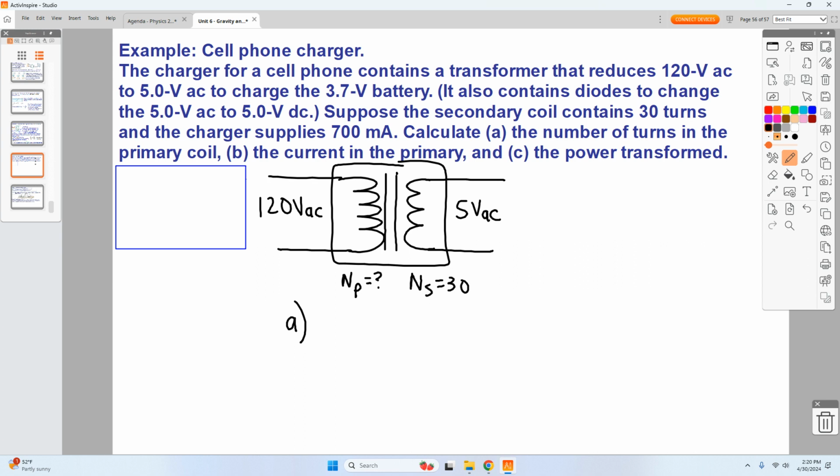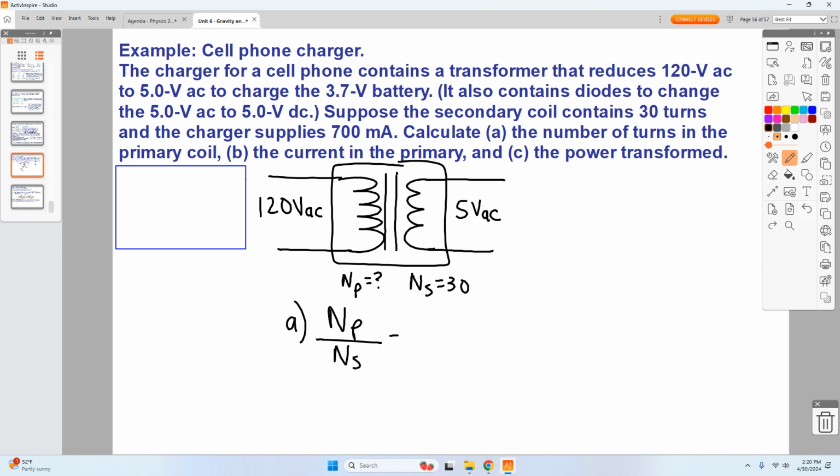You guys are familiar with setting up a proportion, right? I'm looking for N sub p, so I could say N sub p is to N sub s as the voltage in the primary is to the... did I do that right? Nope.